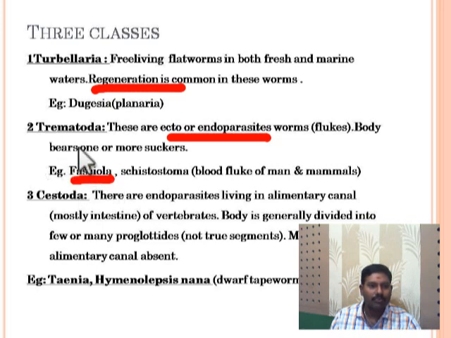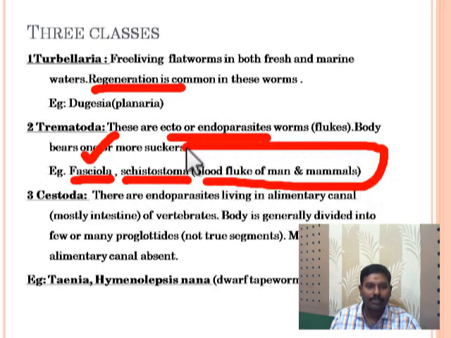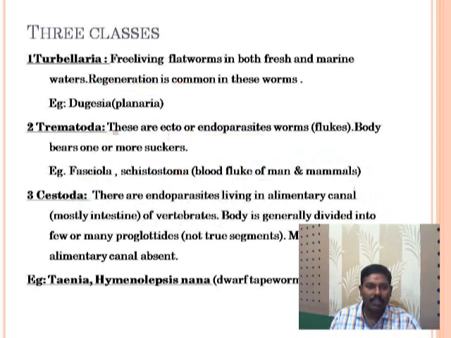And the next one is Schistosoma, that is blood fluke of man. Fasciola hepatica is liver fluke and Schistosoma is blood fluke. You just know the other names also because that can be asked in the NEET.